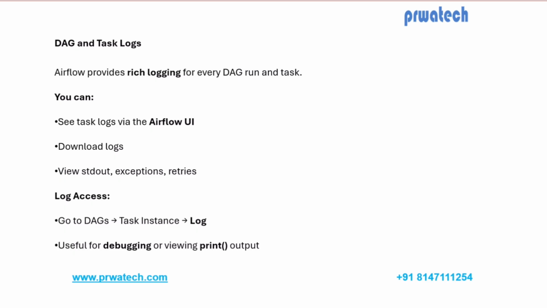The default location is Airflow, then logs. Logs can be redirected to remote storage like Google Cloud Storage. You can download the log directly from the Airflow web server UI.